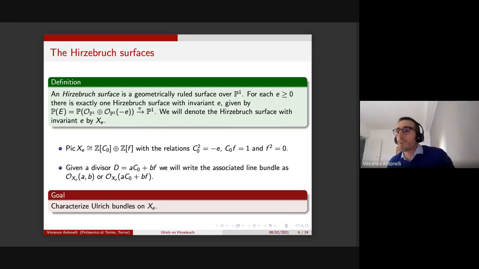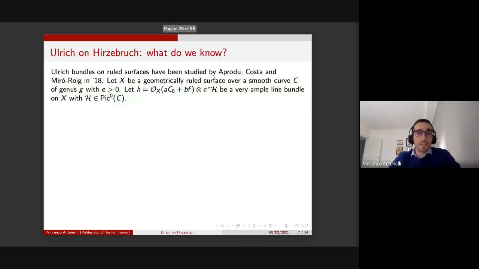So today I want to do something a little bit different, because in the case of Hirzebruch surfaces we already know something about the existence of Ulrich bundles. In particular, there's a work by Aprodu, Casnati, and Mirò-Roig, in which they consider a more general case of ruled surfaces over a curve of genus g.